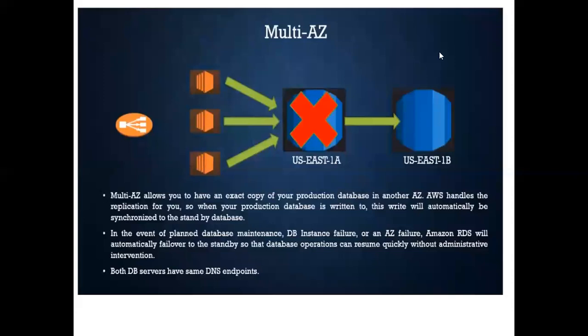For example, if we have East 1A and East 1B, each is one availability zone. I have created a snapshot. That snapshot will not be local to availability zones. It will be available at the region level, not across regions, only within the region. Okay.